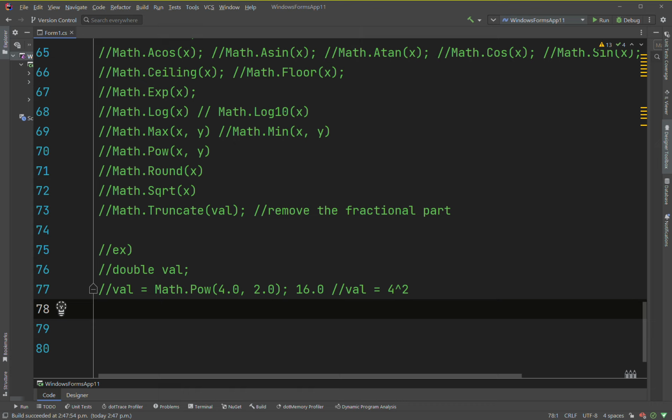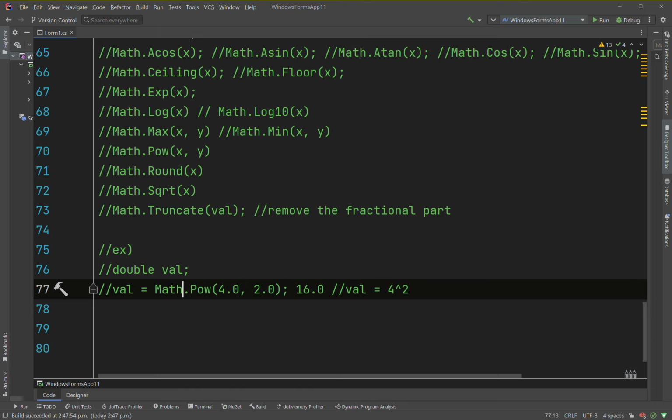So Math.sqrt, we'll just go with sqrt of 16.0, which would give us 4.0 in that case, which is the same thing as val points to the actual square root symbol, that kind of box thing with a check mark.